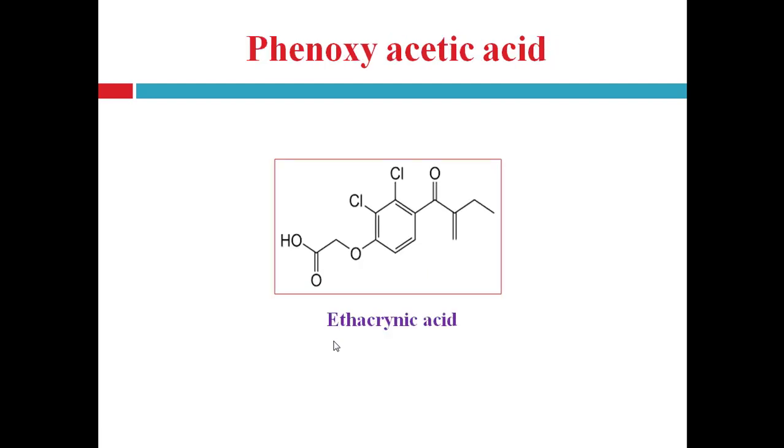Then phenoxyacetic acid derivative, it is also a loop diuretic or high ceiling diuretic. An example is ethacrynic acid. It contains phenoxy acetic acid: a phenyl ring attached with oxygen, that is the phenoxy group, and this phenoxy group is attached to CH2COOH, acetic acid.